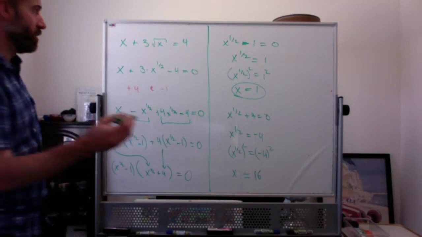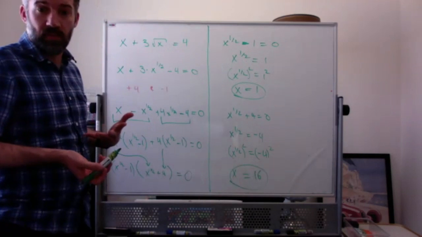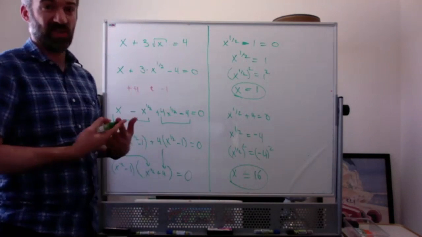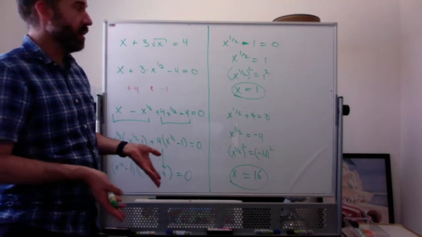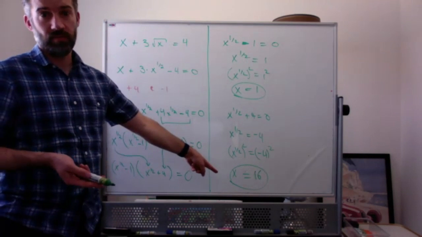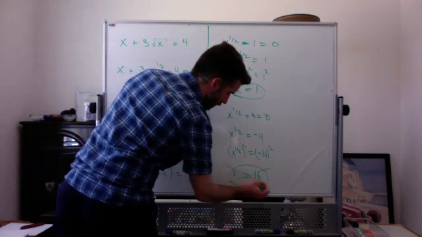Okay, now here's the deal. Sometimes every solution is fine. Sometimes none of your solutions might be fine. In this particular example, 16 is not a solution. It's an extraneous solution. How do we see it's not a solution?